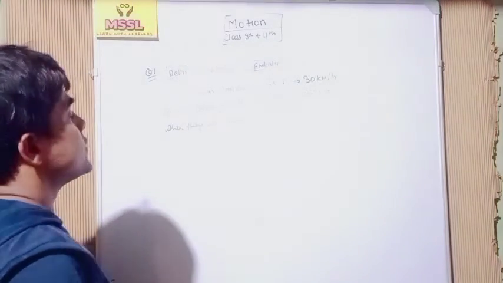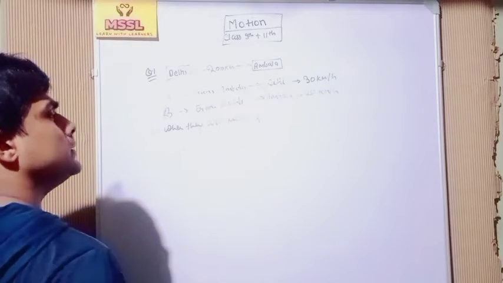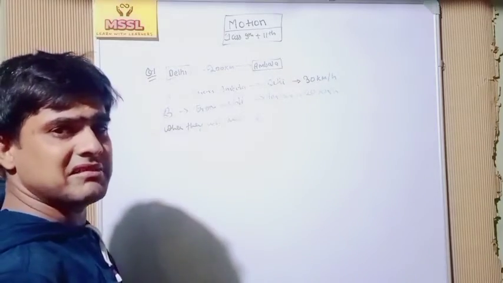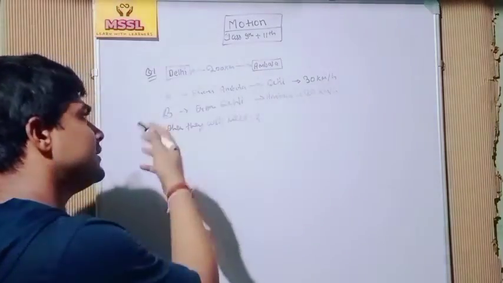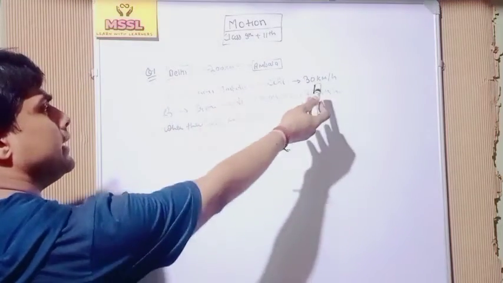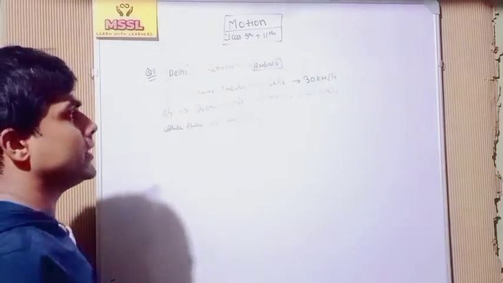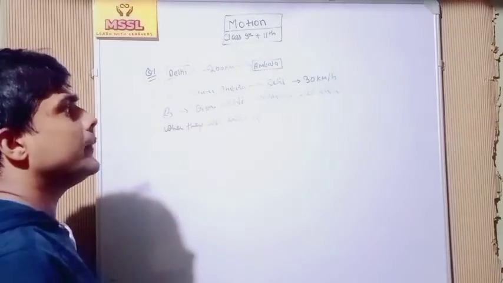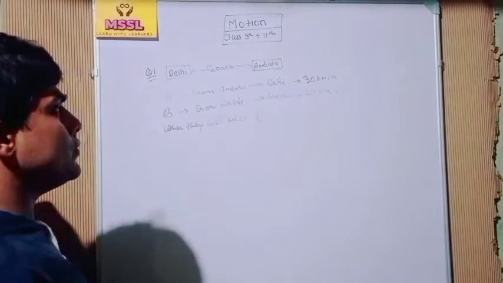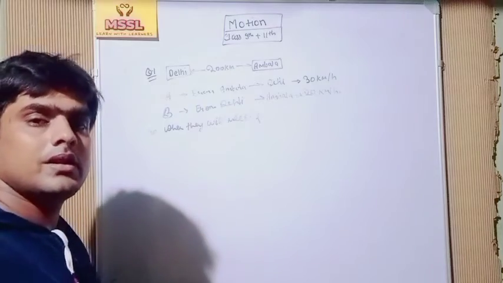Let's say A starts from Ambala to Delhi with a speed of 30 km per hour, and similarly B starts from Delhi to Ambala with a speed of 20 km per hour. You have to find the time when they will meet each other.